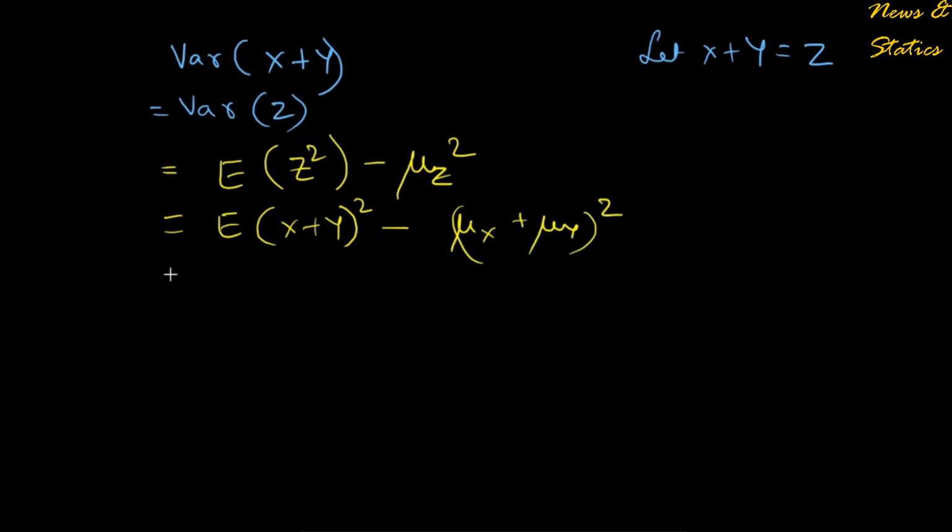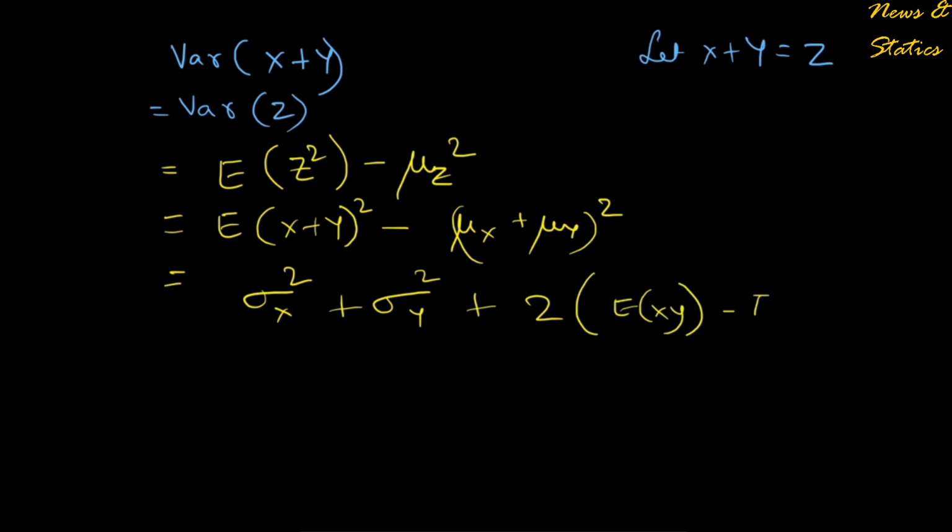Now if you do some algebraic simplification, what you'll get is the expected value of x squared minus mu x squared, which is nothing but the variance of x, and then you also get the variance of y, and you'll get a term which is twice the expected value of xy minus the expected value of x times the expected value of y.